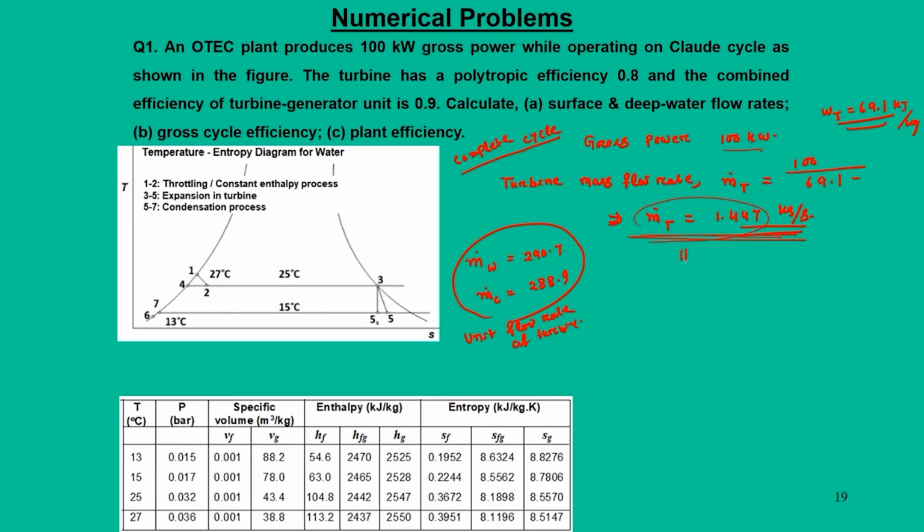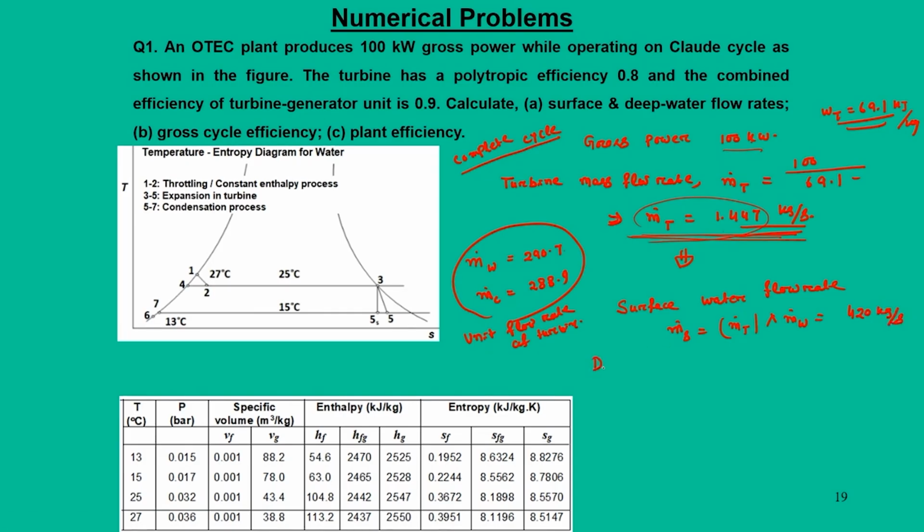So, this will imply the warm water flow rate, which is our surface water, would be m dot T into m dot W. This is 420 kg per second.